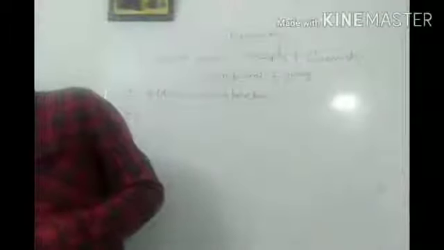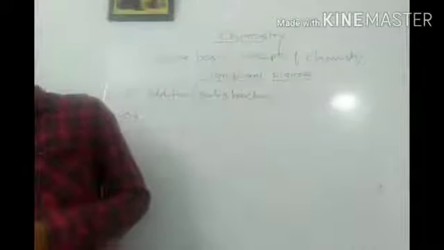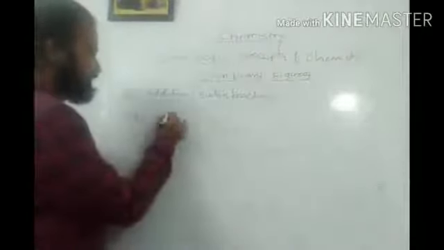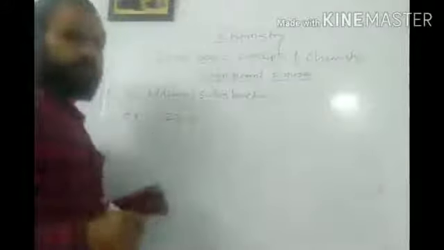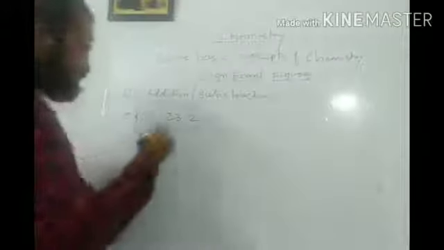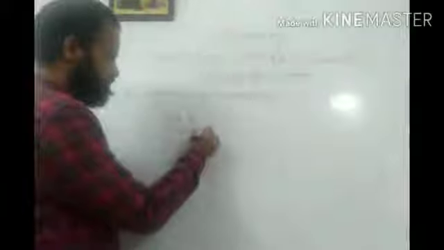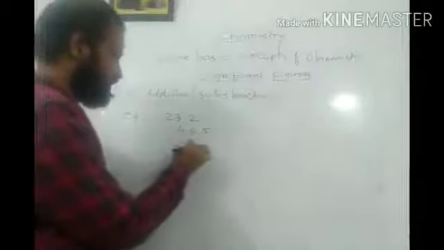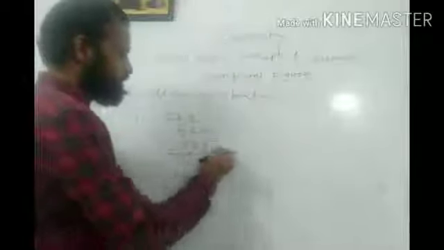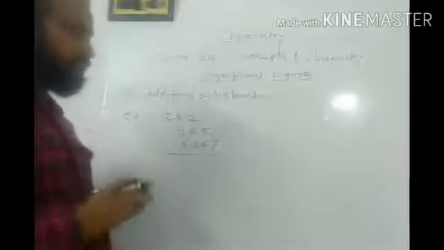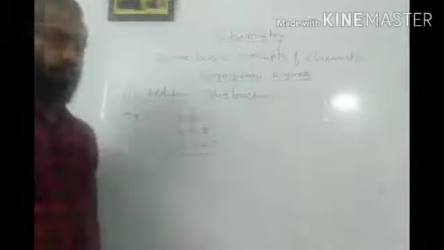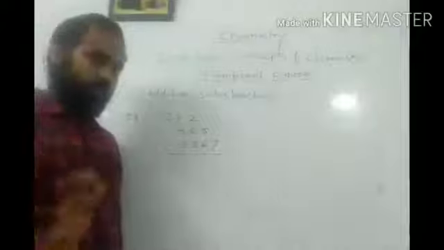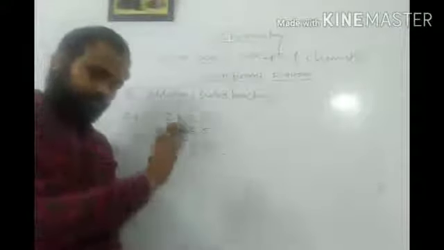The first example I am going to discuss is addition of significant figures. The first figure is 23.2, the second figure is 4.65, and the third is 3.267. We have to add them all, considering significant figures. Firstly we do the addition as usual, but while writing down the answer we have to be careful.